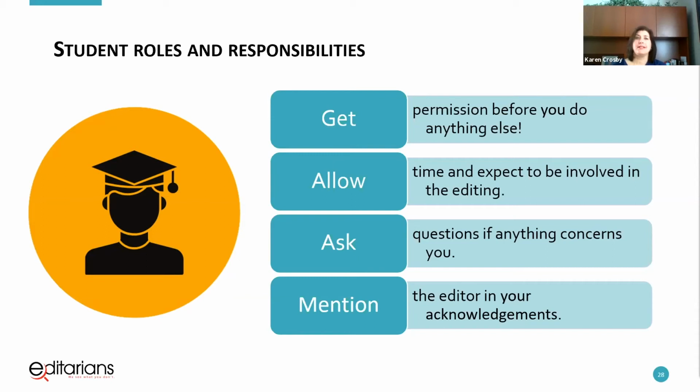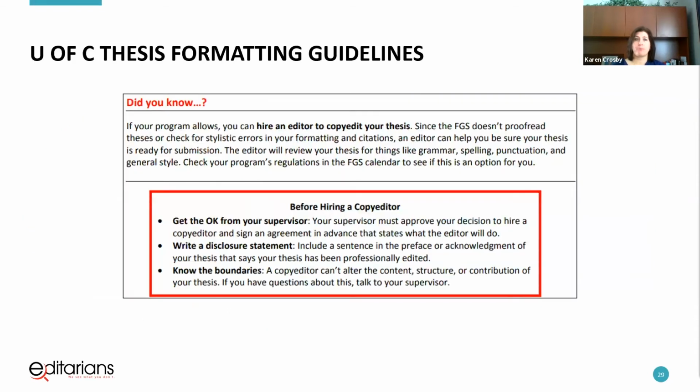That permission is uncommon at the undergraduate level. At the graduate level, it's often now included in program guidelines. For example, this slide shows an excerpt from the University of Calgary's thesis formatting guidelines. It says that if your program allows, you can hire an editor, but before doing so, get the okay from your supervisor.